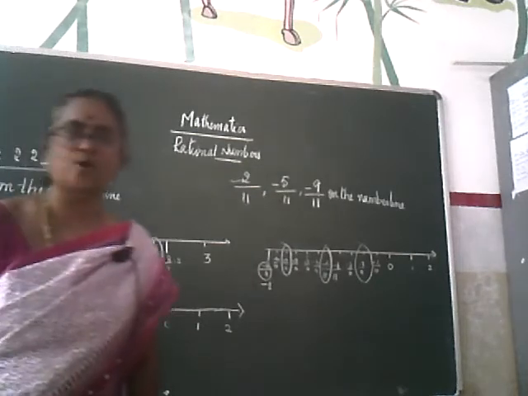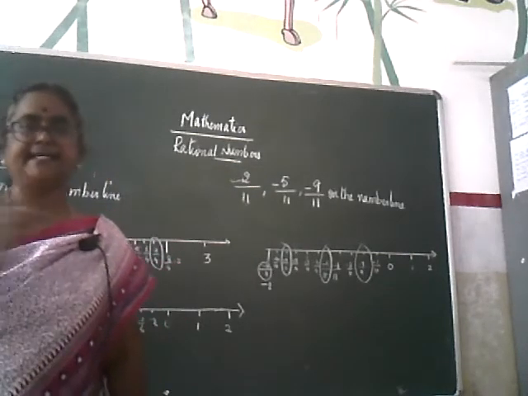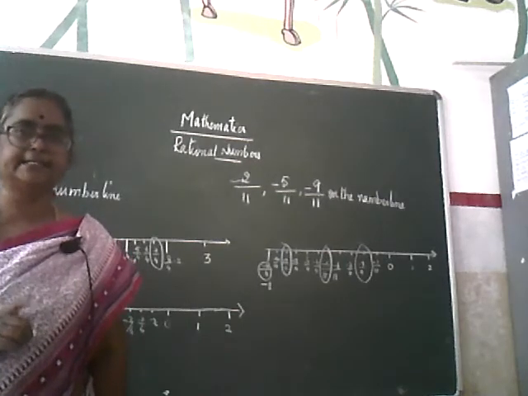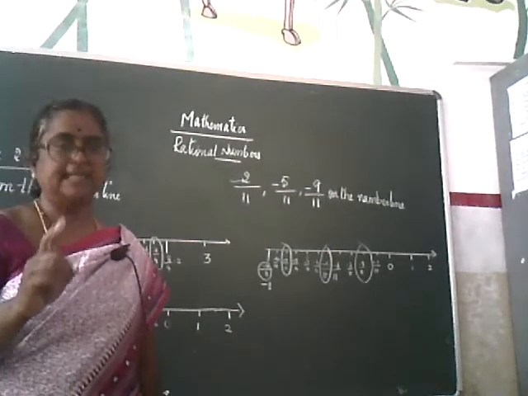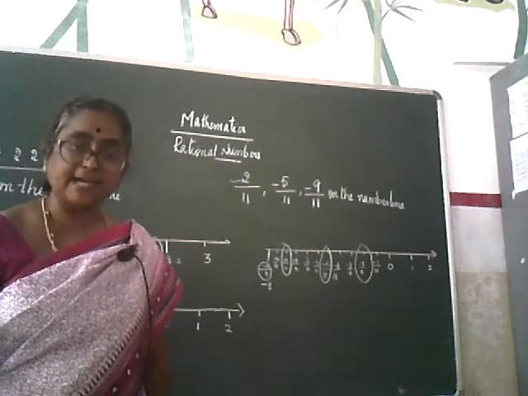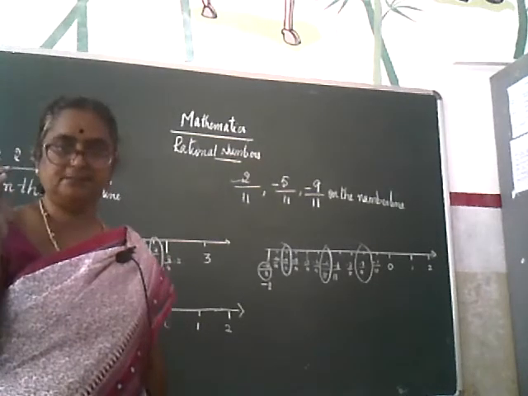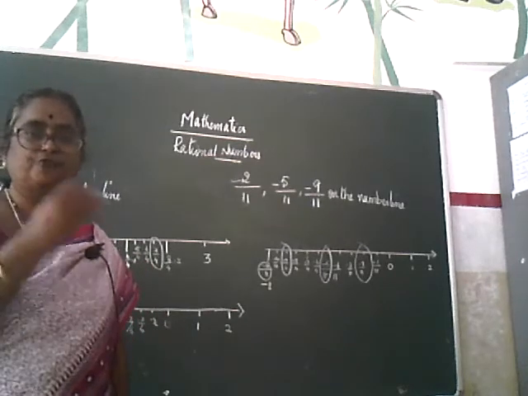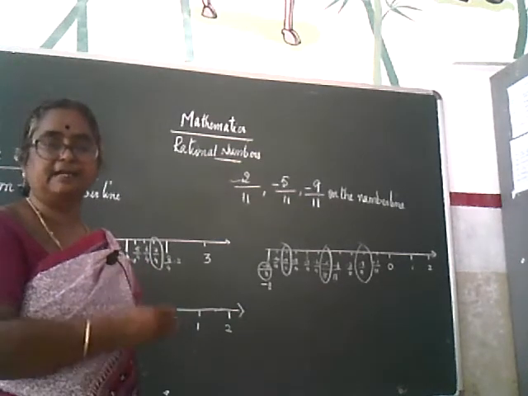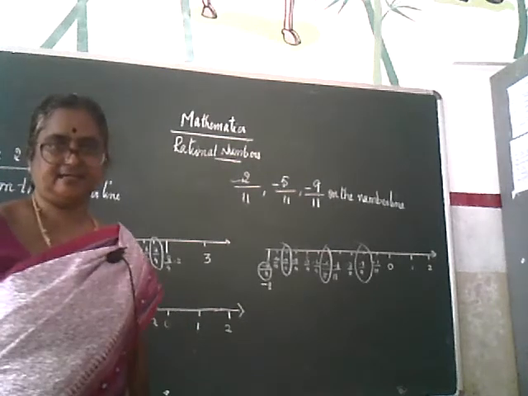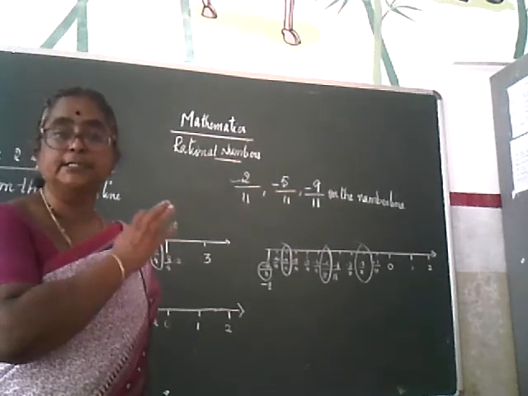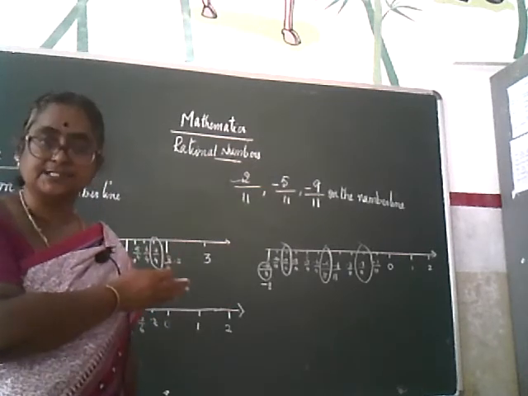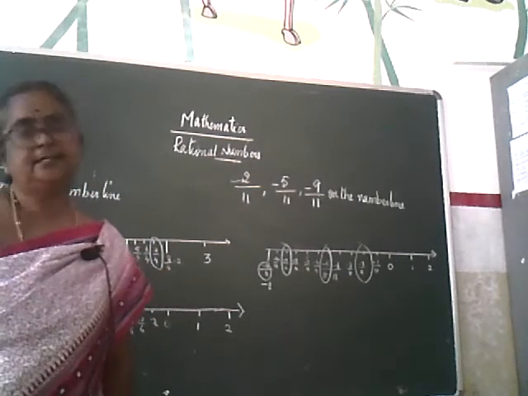All this I got because I divided the number line. On the number line, you see the denominator. Denominator contains 11, divided into 11 equal parts. Then you name it. Okay? Minus 1 by 11, 2 by 11, 3 by 11, 4 by 11, 5 by 11, 6 by 11 along with the negative sign. So you can mark all the rational numbers which they have asked. You can plot it on the number line.